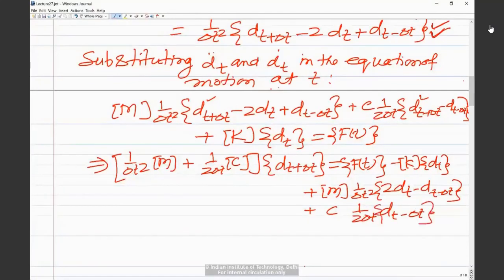So this is the equation you get. Now if you know the solution at time t, you can get the right hand side, and then you can solve for d at t plus delta t using this equation. So that is how you do it in central difference.